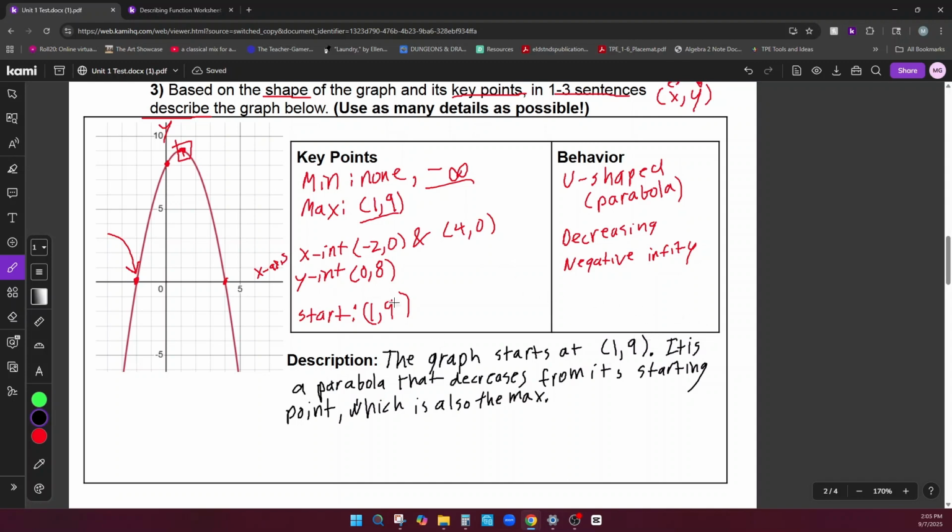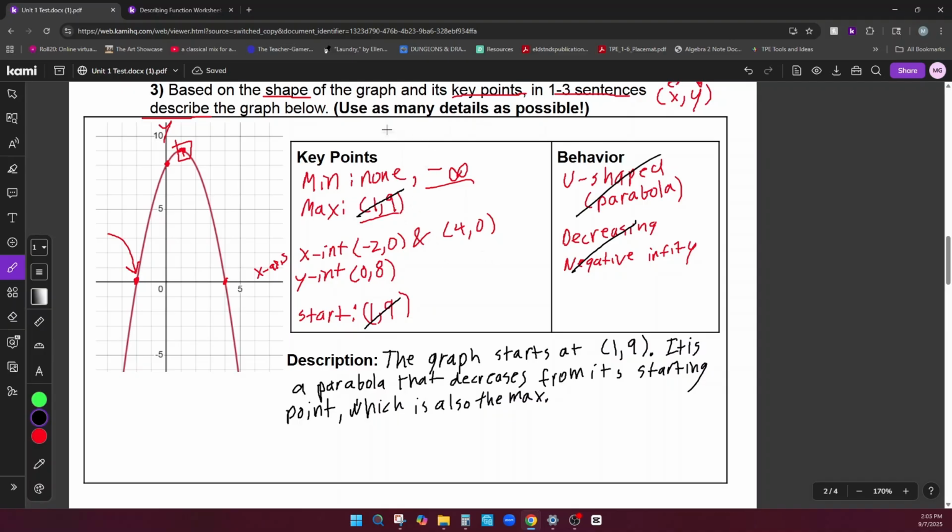And I'm going to pause at this part. So I have my starting point mentioned. I've mentioned that's also my max. And I've mentioned that I am decreasing and my parabola is U-shaped. So as I'm writing, I'm double checking to make sure that all my points are included.